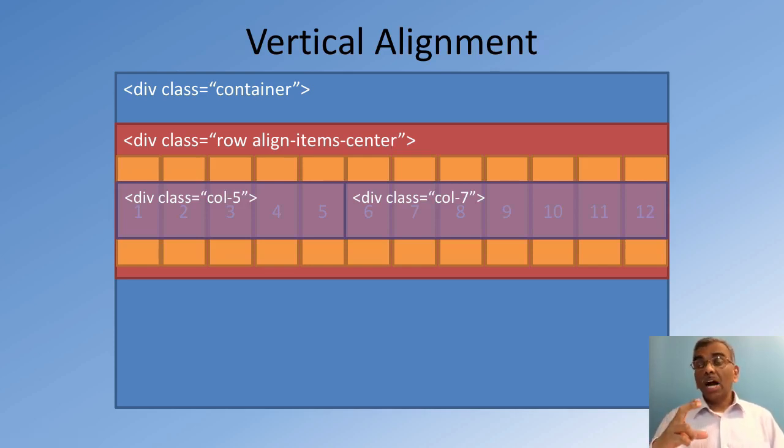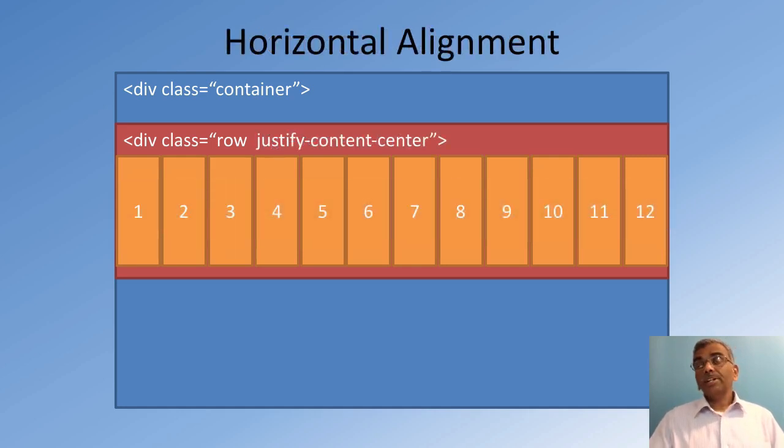The content which occupies the largest height will be the one to which the remaining ones will be aligned when it is laid out in that row. Or if you pre-specify the height of a row, then all the content will be centered vertically within that particular row. Not only that, Bootstrap's grid also supports horizontal alignment of content.